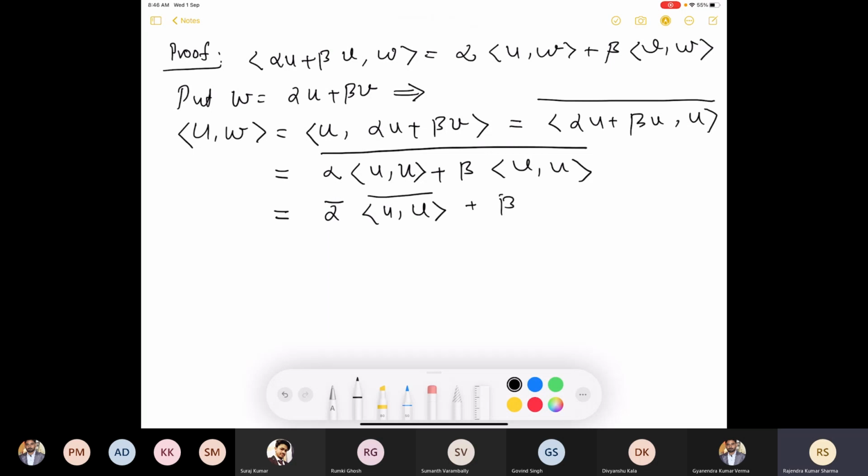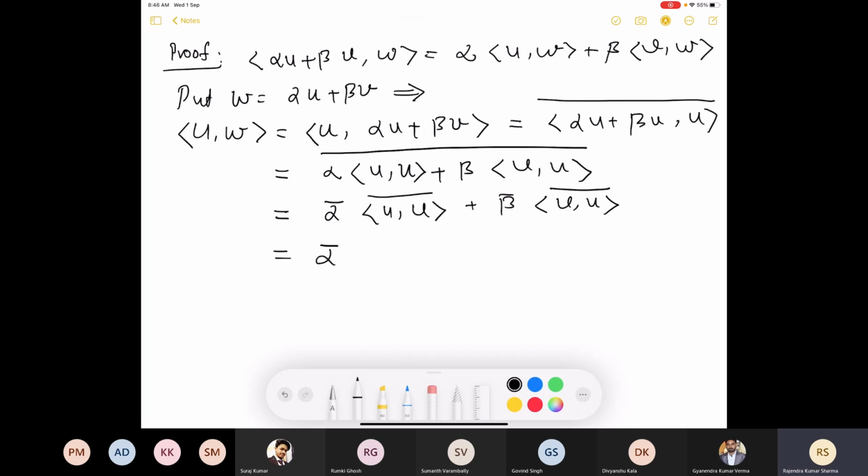Conjugate plus beta conjugate v comma alpha bar. This is u comma w. That's what we are doing. This u comma w, so this is u comma u.